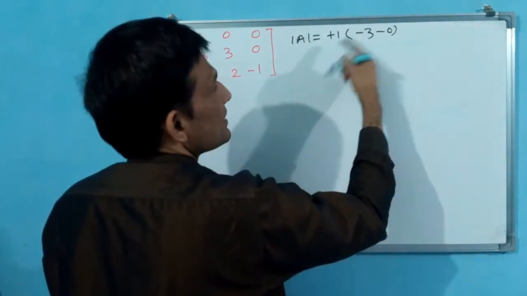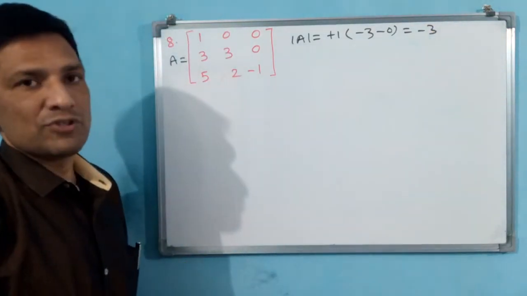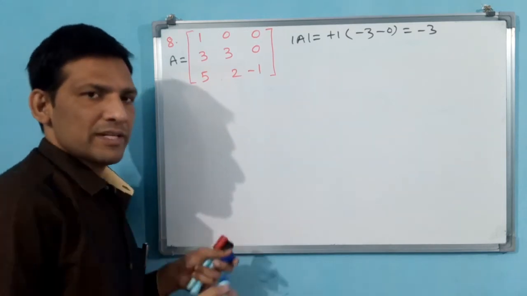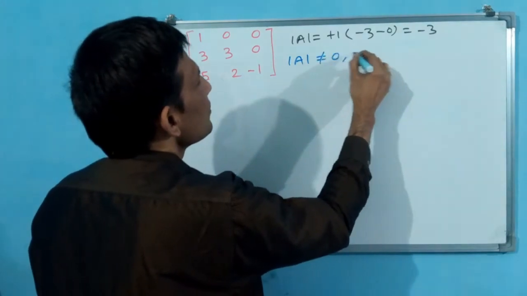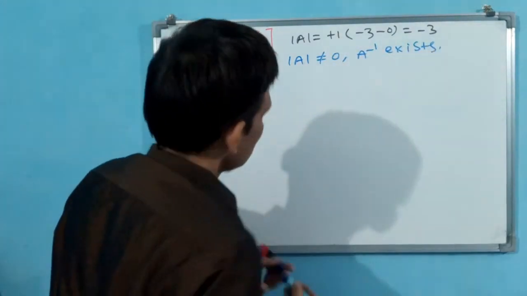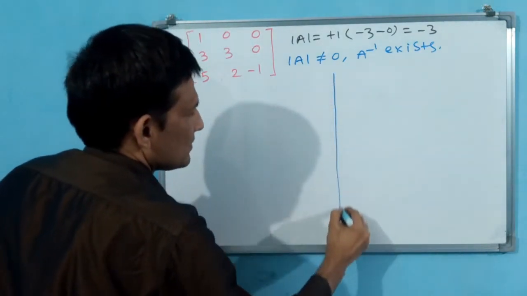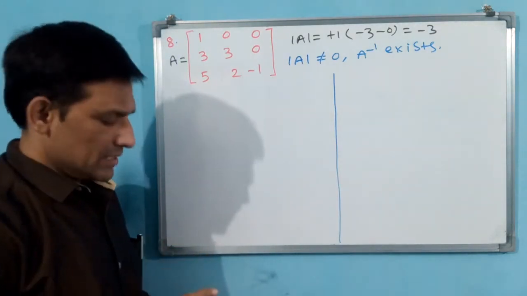That means minus 3 is going to become the determinant. Determinant A should not become 0. Minus 3 or anything else, then A inverse exists. You write down first: determinant A is not equal to 0, then A inverse exists.